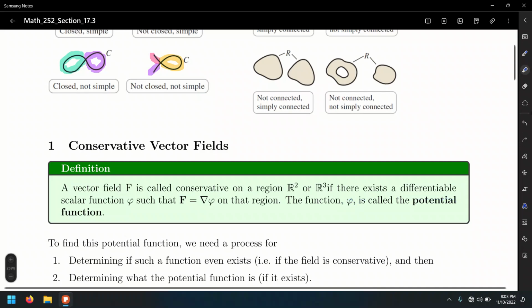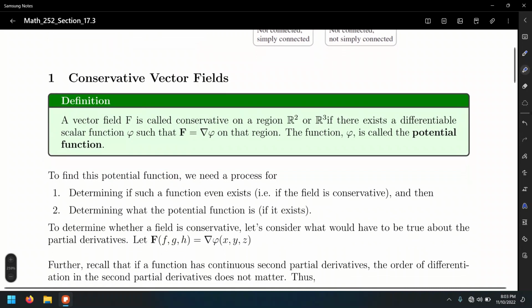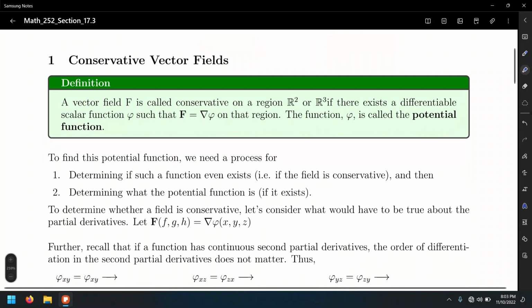To find this potential function, we need a process, of course. Number one, first we need to determine whether that potential function exists, because in some cases it may not exist. Some random vector field may not be some function's gradient, and we have to perform a test for that.